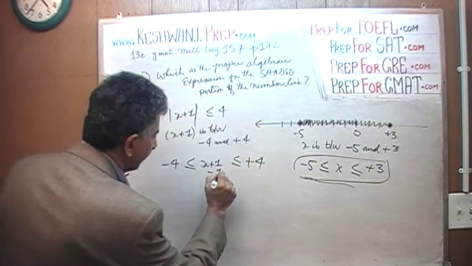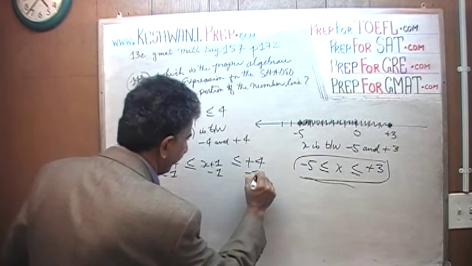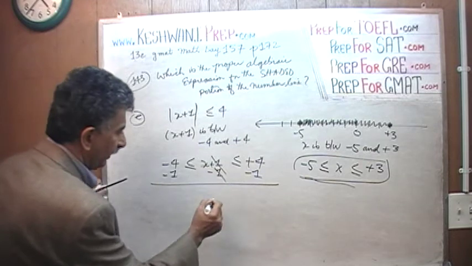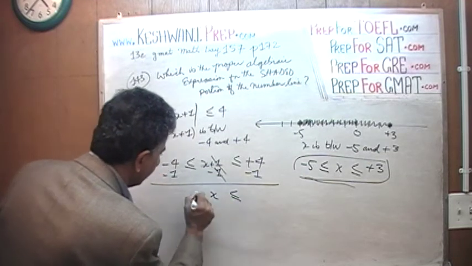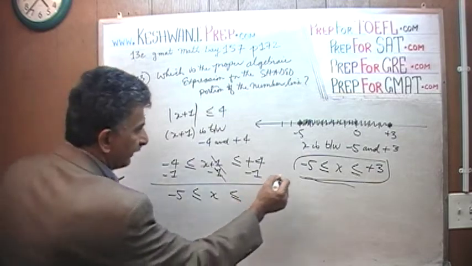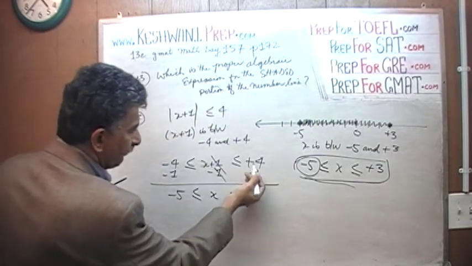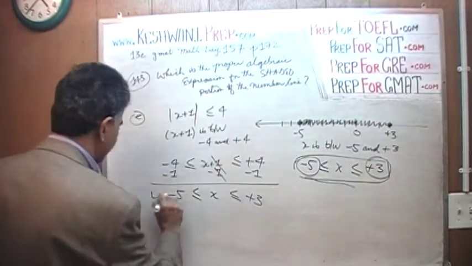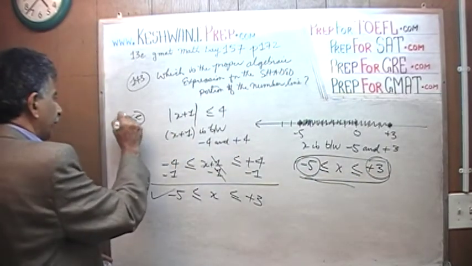Let's subtract 1 from everywhere. This positive 1 and negative 1 drop out, and here we are left with x. Negative 4 and negative 1 is going to give us negative 5, which is exactly what we have here. And positive 4 and negative 1 is going to give us positive 3 here, which is exactly what we have here. Voila, this is our answer. The answer is E.